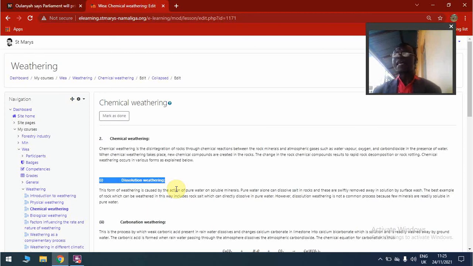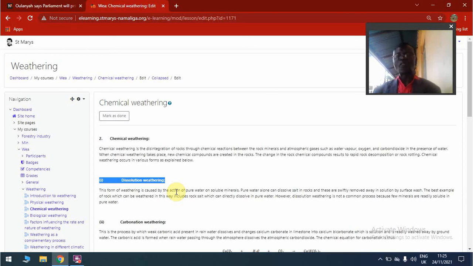Now, if there are rocks which are made up of salt crystals, then these salt crystals in the rocks are attacked and dissolved by the pure water, most especially rainwater. Then the rock will become weakened because of the removal of some of these salt crystals in the form of solution after dissolution.